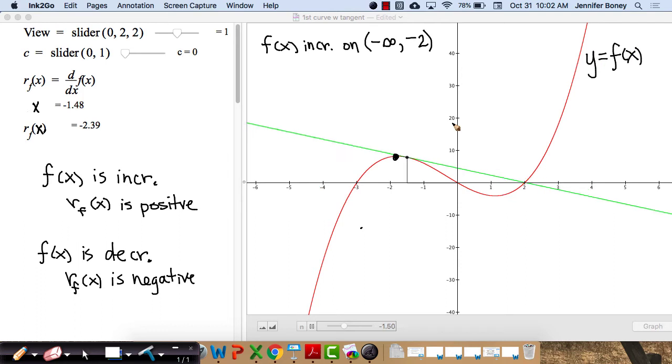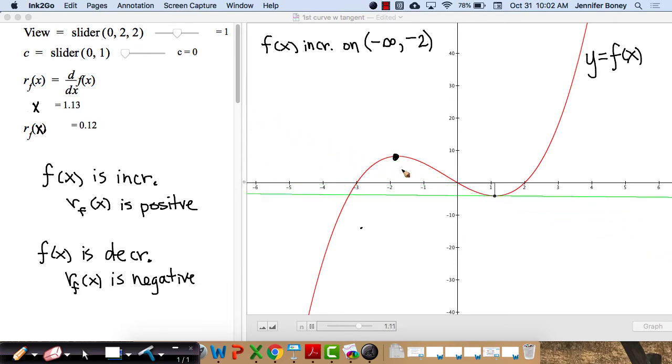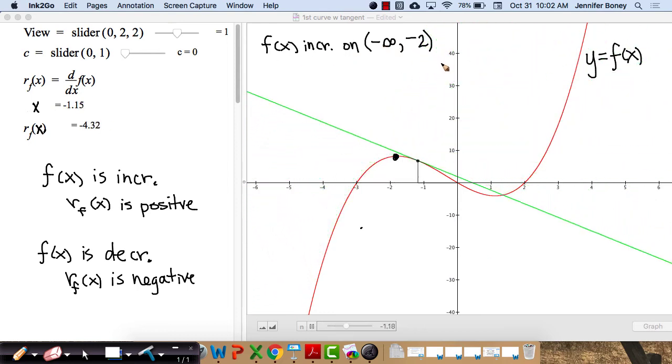And I'm not going to include -2, even if that's exactly where the top of this hill is, because in that neighborhood, f of x is kind of changing over from increasing to decreasing, or in any moment containing the top of the hill. It's not really necessarily clear which is going on. So we'll just say up through, but not including the top of the hill. We're in an increasing interval.